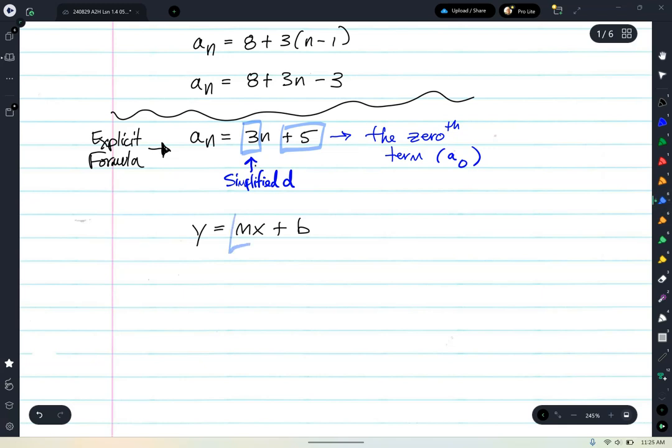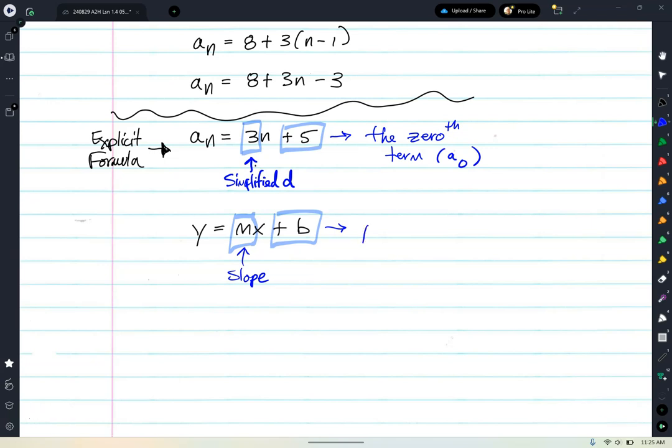So what is this? This is our slope, right? And what is this? D? That's our y-intercept. Now we're seeing that these are two of the same thing.